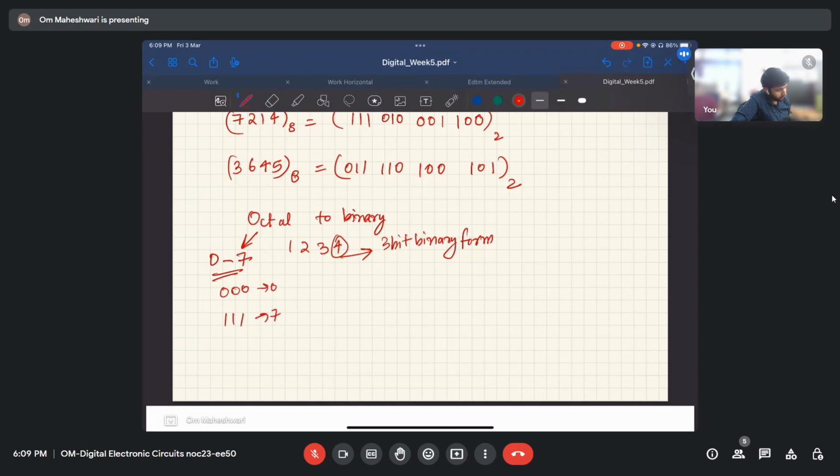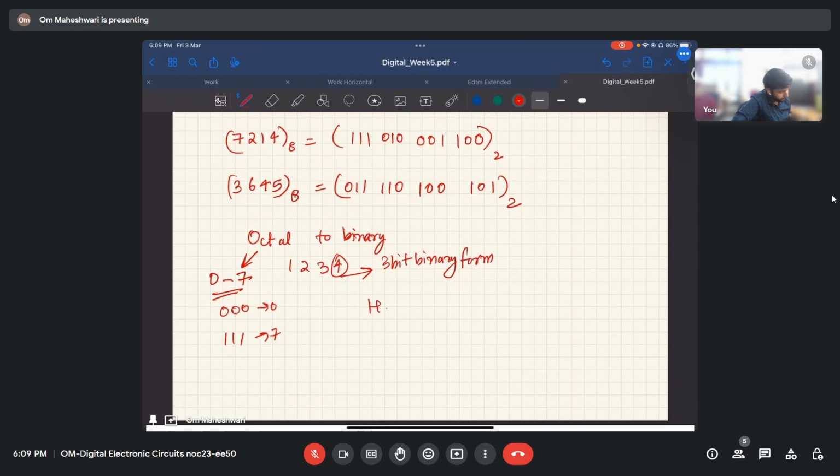Now we have to convert it to hexadecimal. Hexadecimal is 0 to 15, that is 0000 to 1111, so it has 4 bits.